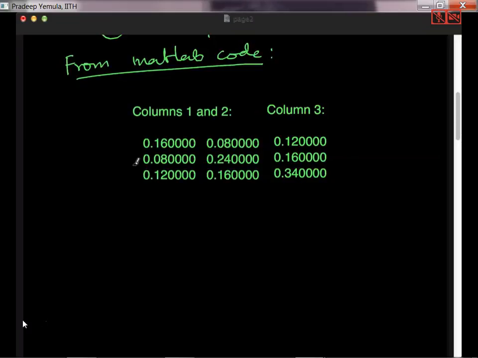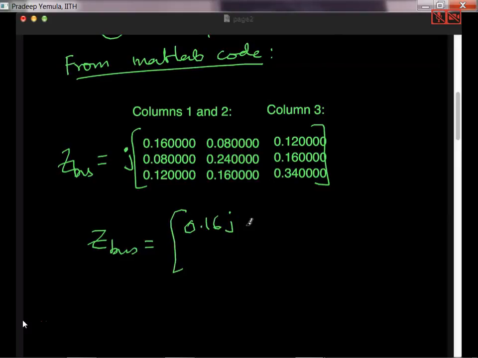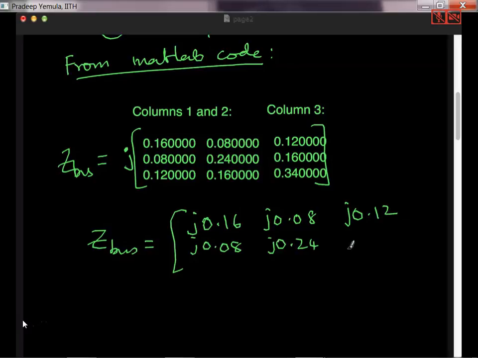So J into this is my Z bus. Finally my Z bus is something like this: J0.16, J0.16, J0.08, J0.12, J0.08, J0.24, J0.16, J0.12, J0.16 and J0.34.